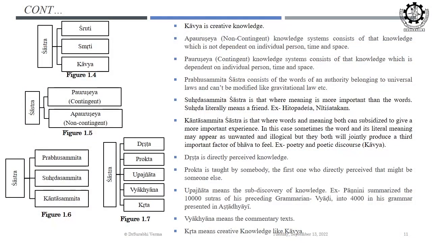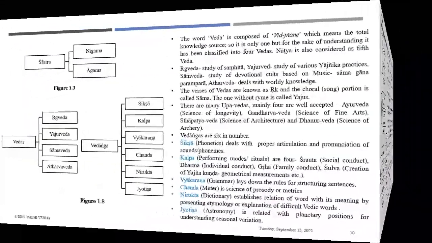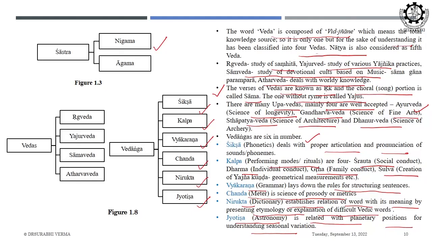Now for the next diagram, that is figure 1.4, figure 1.5, 1.6, 1.7. In 1.4 we have three possible types of the Shastra, that is Shruti, Smriti and Kavya. Before taking this, I think one thing has been left, that is Agam. Why has it been left here?